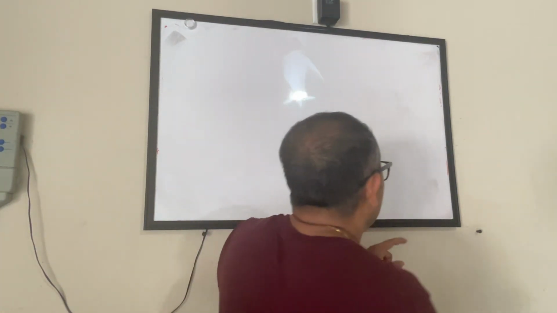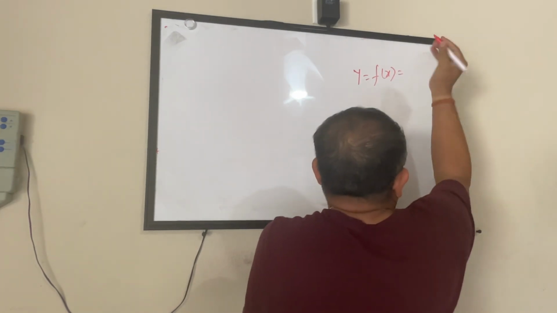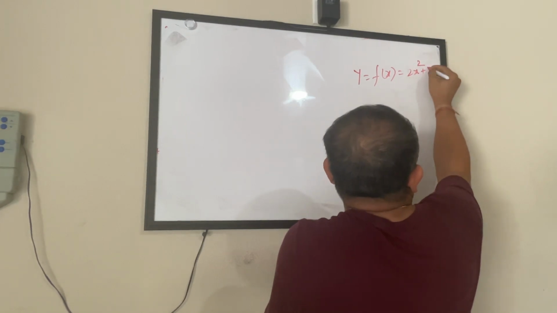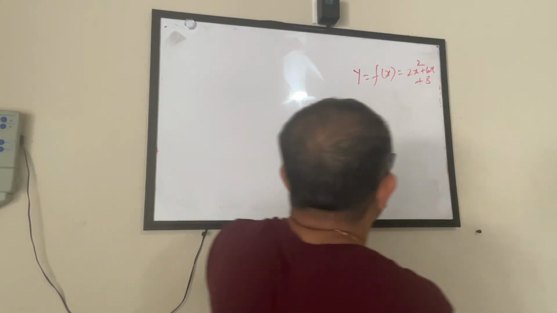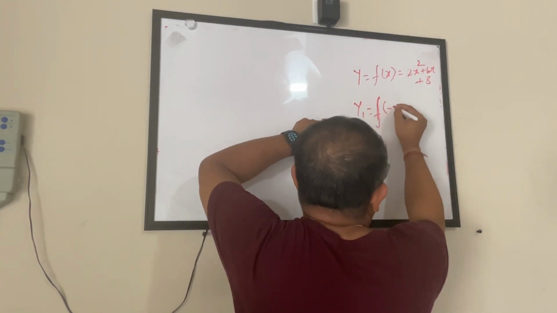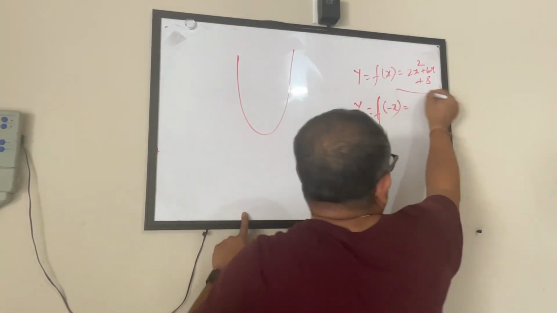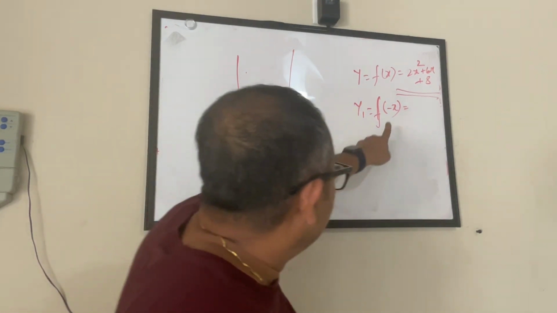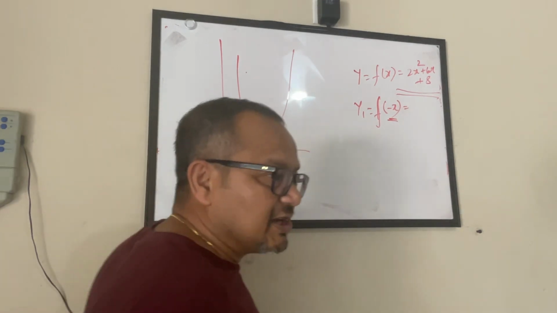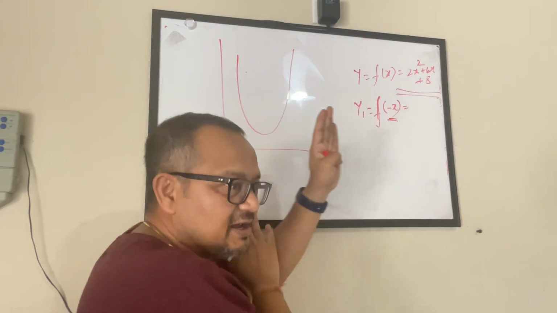So now if my function is f(x) as, let's say, 2x square plus 6x plus 8, and I change to a new function which is f(minus x), what happens to my parabola? If this equation was drawing this parabola, if I go for the minus x scenario, what happens? We just saw it creates a mirror image against the y-axis.